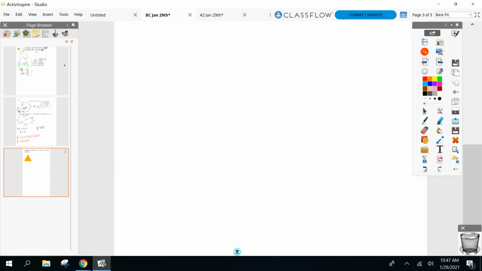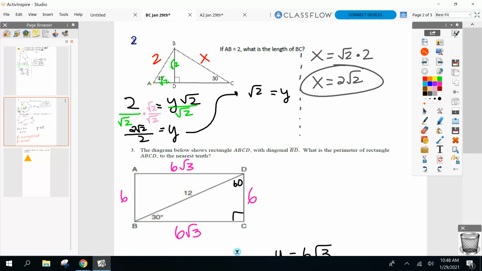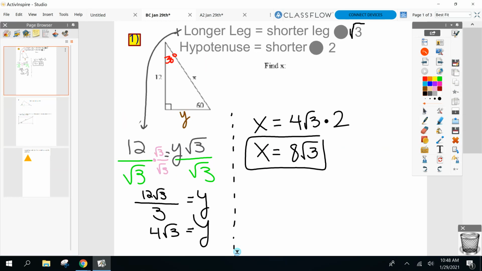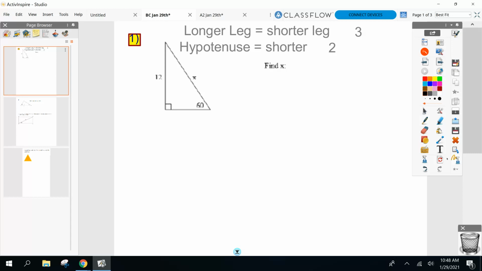Whether that's labeling the diagram, that's fine with me. I won't accept it if you just circle an answer, because I did that on my answer key on Classroom. So check your answers on Classroom as well.